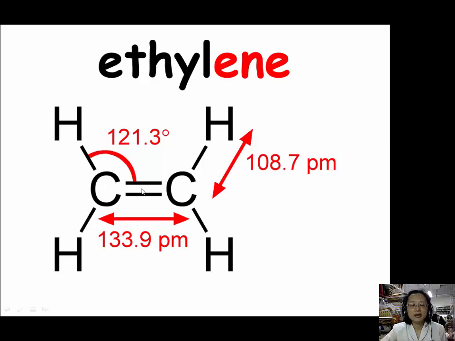Acetylene is one of the phytohormones in plants. It can cause the fruit to ripen and the leaf to fall, which we call abscission.